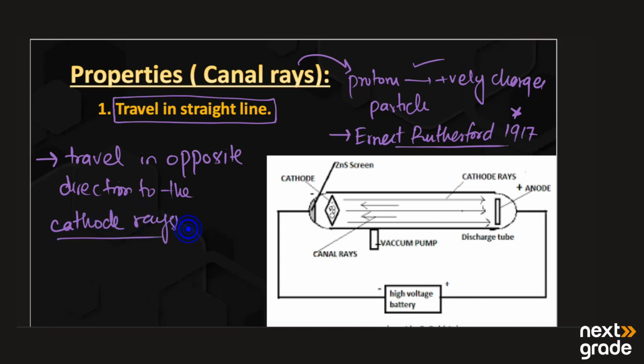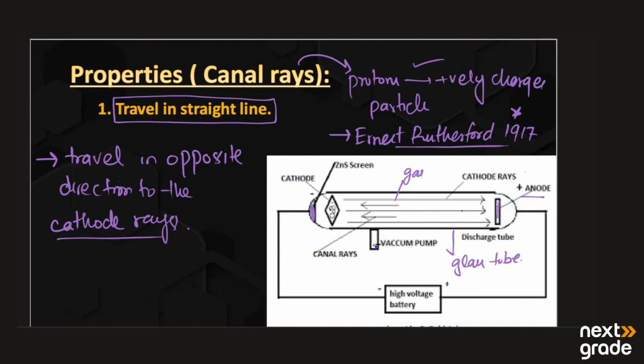When the scientists were doing the experiment in the discharge tube, which is a glass tube filled with gas, one end is attached to the negative cathode plate and the second end to the positive anode.